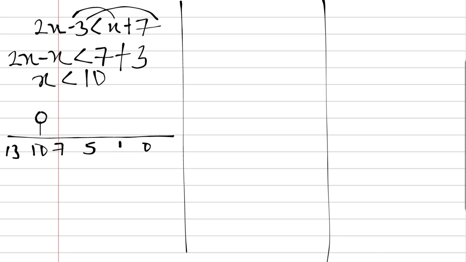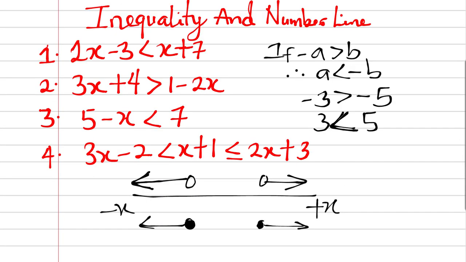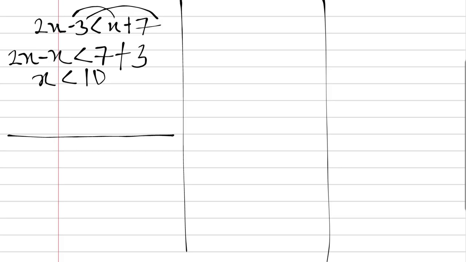Sorry, I've made a mistake there. This is a positive line. So since our value is positive, let's say this is 0, 1, 2, 5, 6, 7, 10.